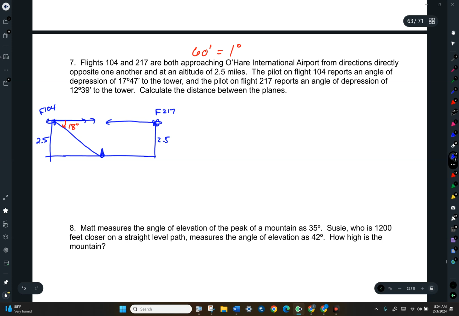And the pilot on flight 217 reports an angle of depression of 12 degrees and 39 minutes. When this guy looks down at the tower, if we round it, it's going to be 13 degrees. And it says calculate the distance between the planes.